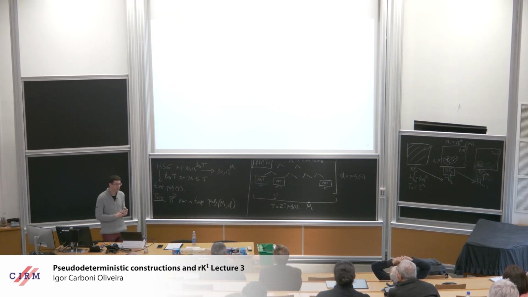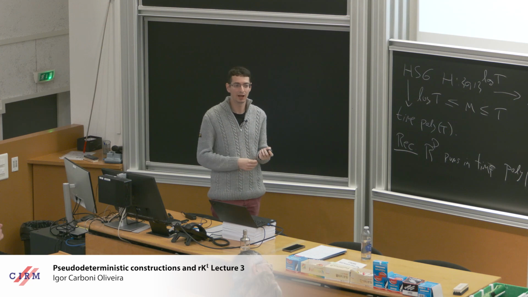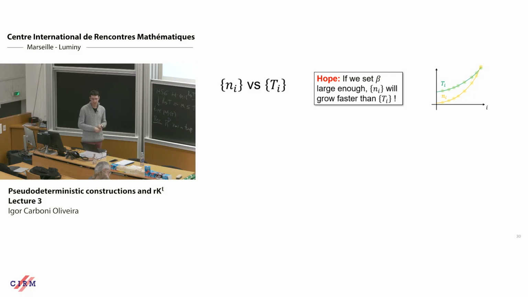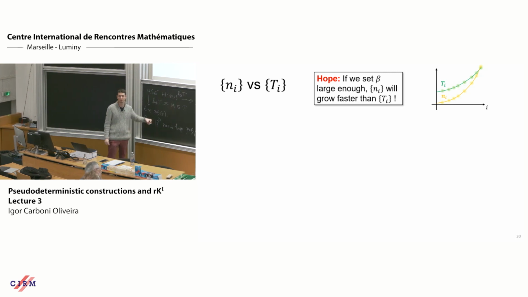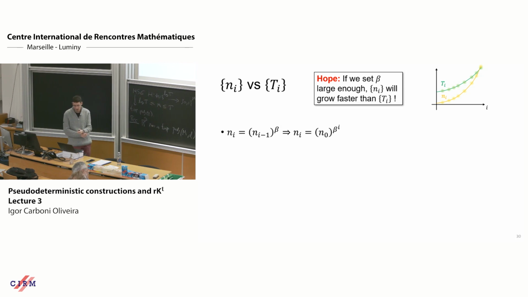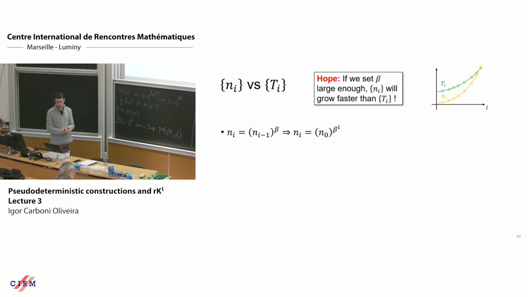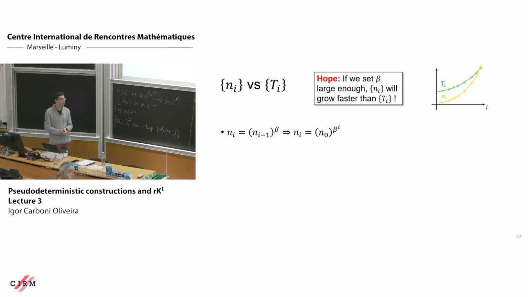So we need to understand these two parameters, Ni and Ti. And we are able to set beta large enough so that these Ni's grow faster than Ti. So we are free to pick beta, which is going to be the stretch of the generator in each application. So this is what happens. At every stage, we increase the exponent by beta in the input lengths.